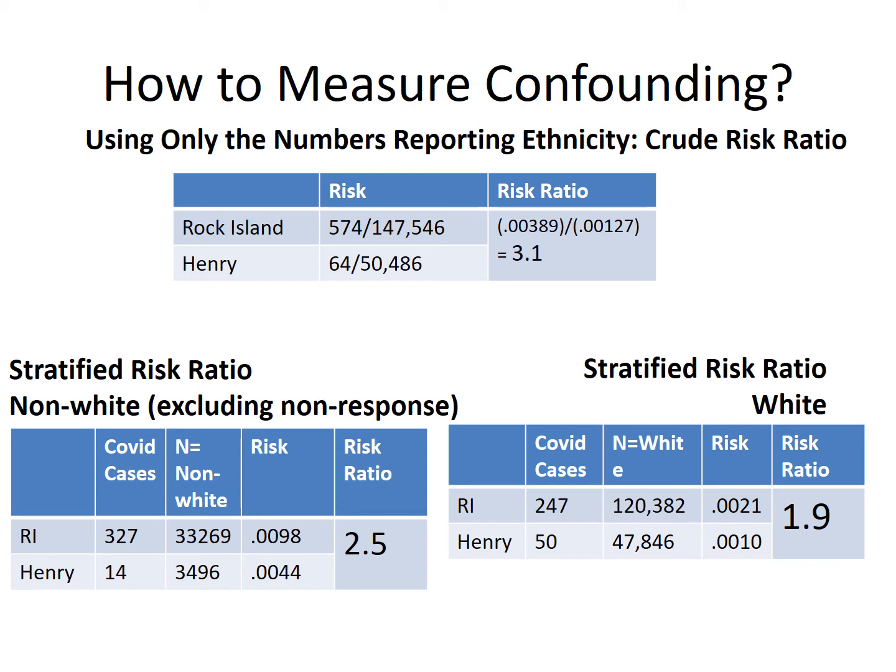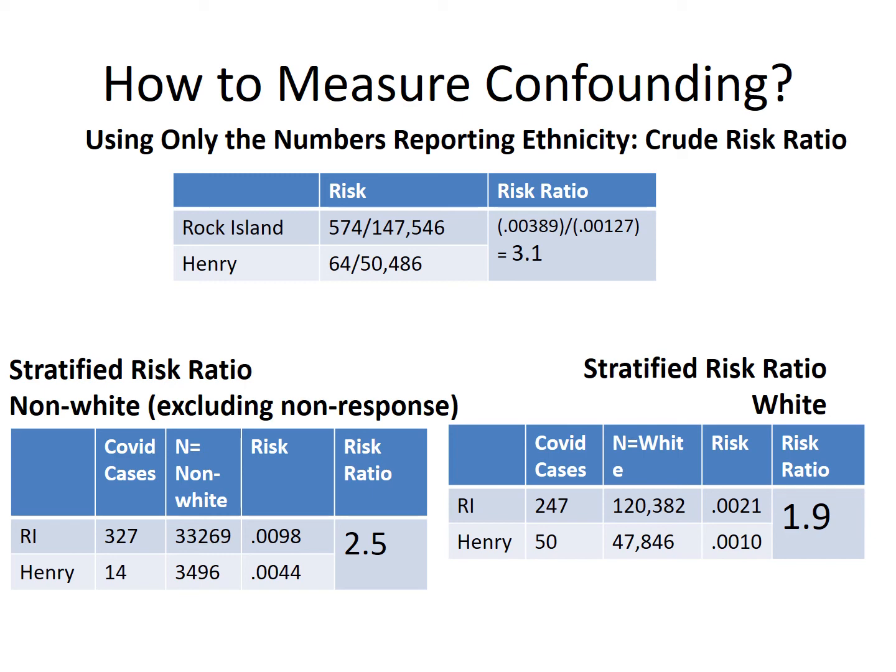And we need to be able to compare our crude risk ratio to our stratified risk ratios directly. They have to be the same people in the boxes. So in order to get a crude risk ratio that is truly broken into these two stratified groups, we are recombining the white ethnicity with the non-white groups and adding those into the risk groups.